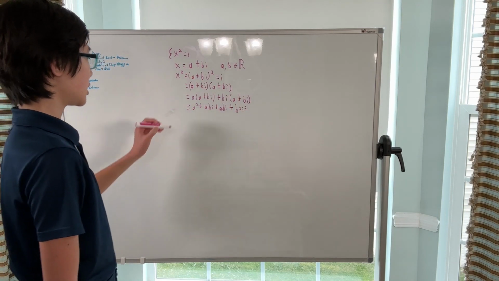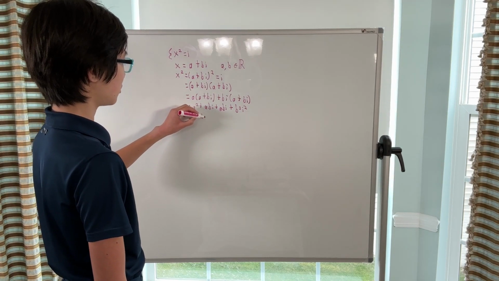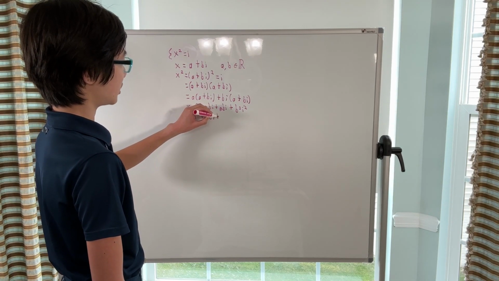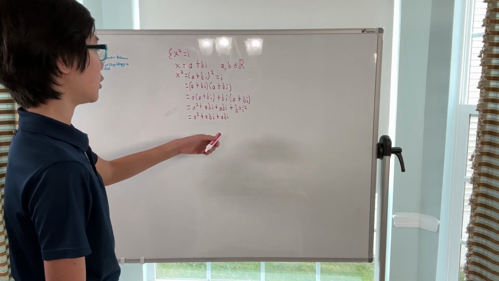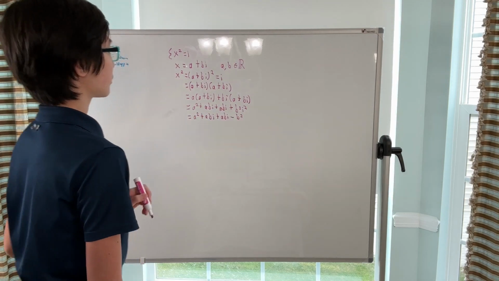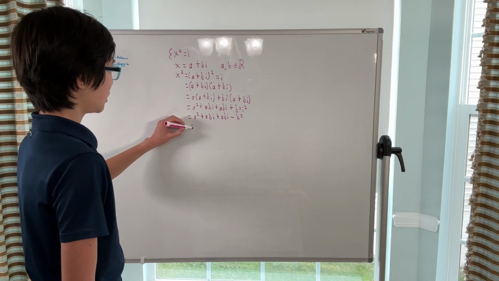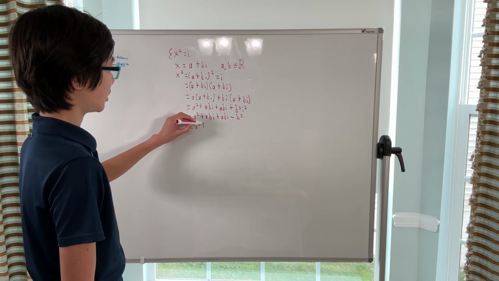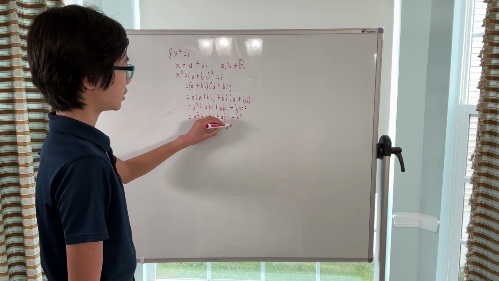But of course, i squared by definition is just -1, so you can rewrite this as a squared plus abi plus abi plus -1 b squared, which is just minus b squared. We can combine the like terms abi into a squared plus 2abi minus b squared.